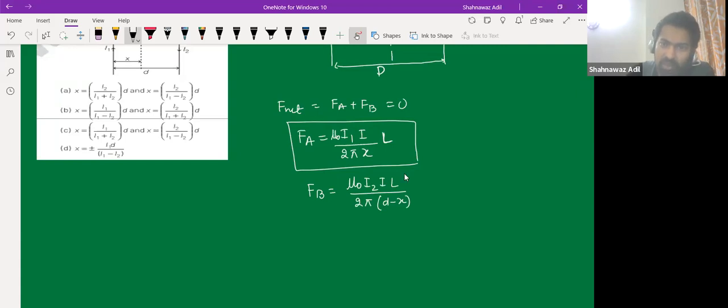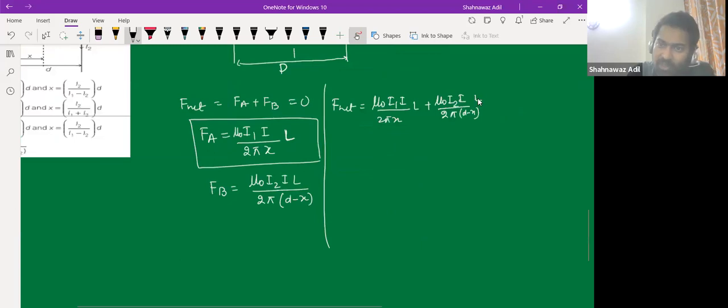If we sum these, F net would be mu naught I1 I2 by 2 pi x times L plus mu naught I2 by 2 pi, so we can take mu naught I1 I2 by 2 pi common.